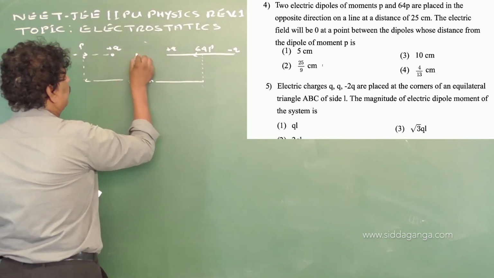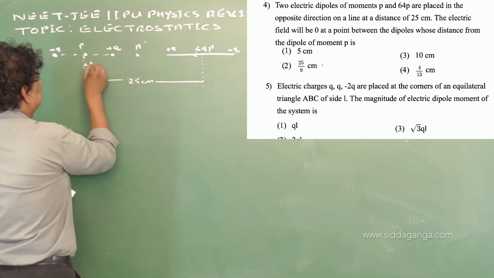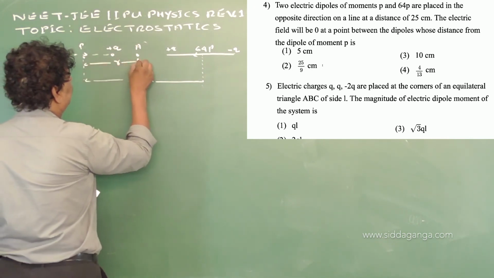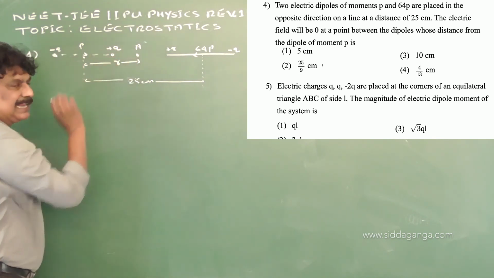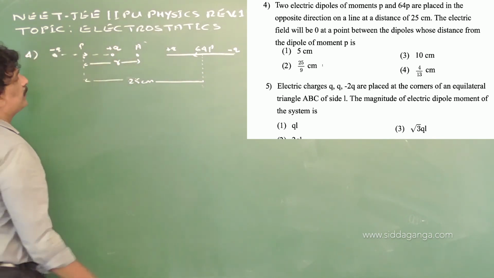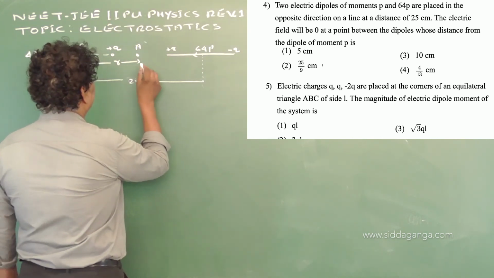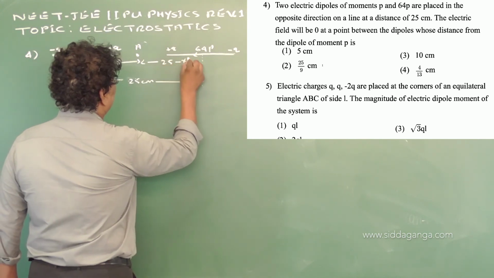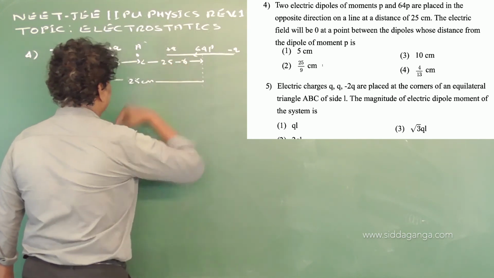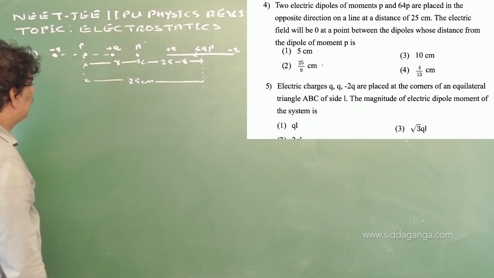Now say at a point A, at a distance r from the dipole of P, the electric intensity is 0. Now this distance is 25 minus r centimeter, and we need to find the value of r.